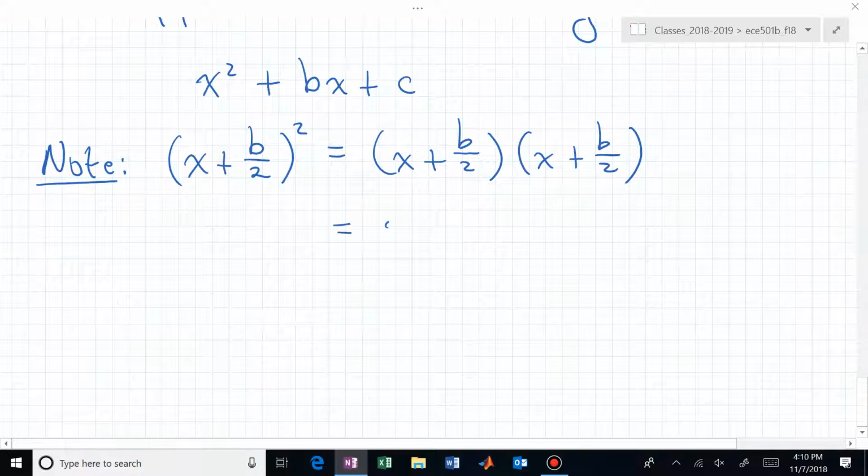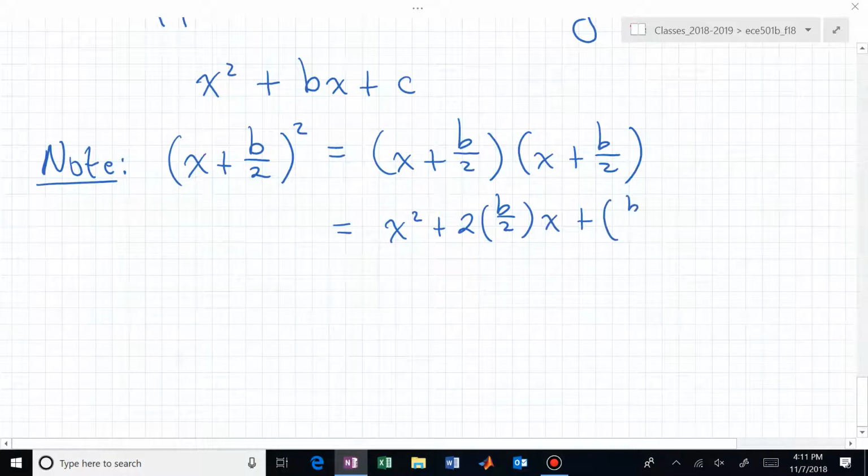Now if I multiply that out, I end up with that. And I really want to somehow make the upper expression, x squared plus bx plus c, look like some squared quantity, or at least something that's positive.